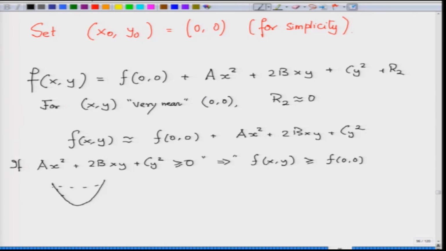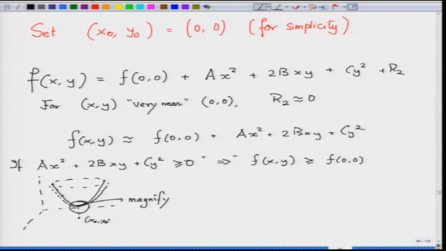So, the graph would be something like this, and this is your x naught y naught. Around x naught y naught the function values almost match. If you magnify this zone, you will see the function values differ by a very small margin.